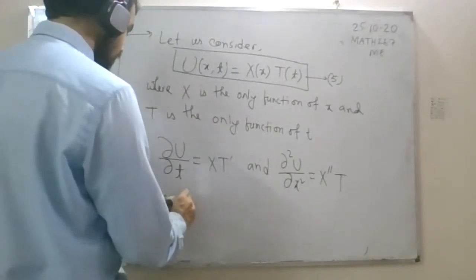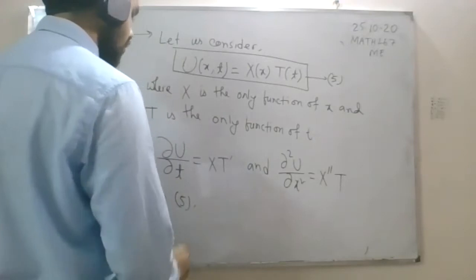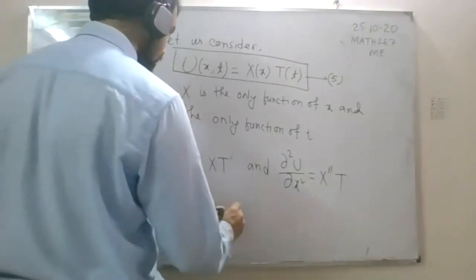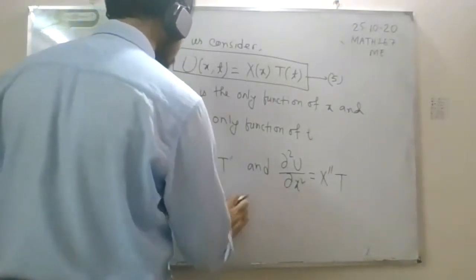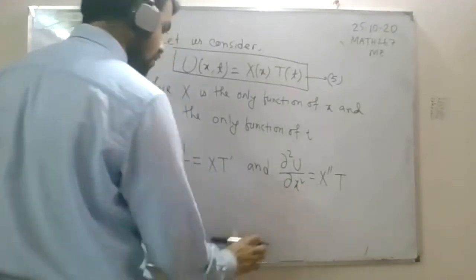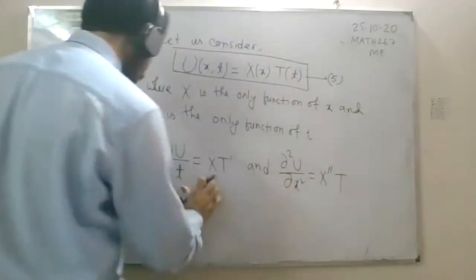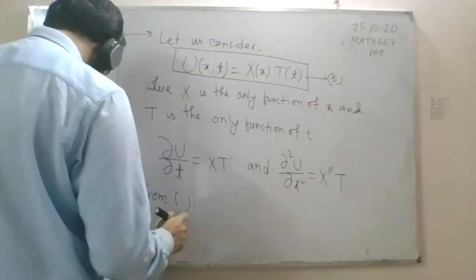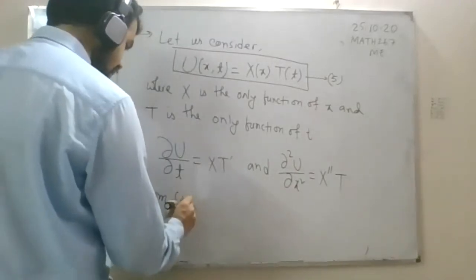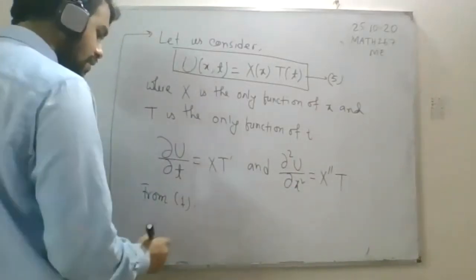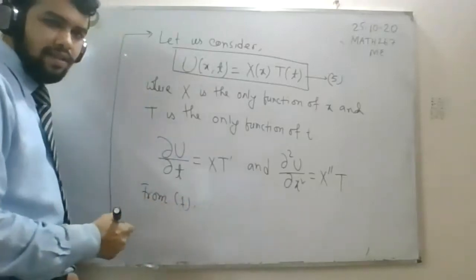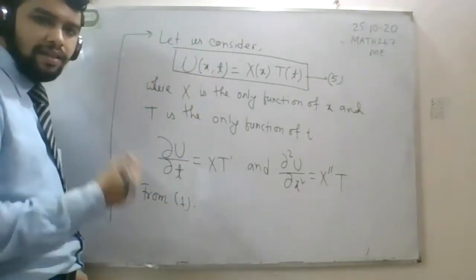you can say u equals to, not equation 5, now equation 1, which was given: del u by del t equals del square u by del x square.